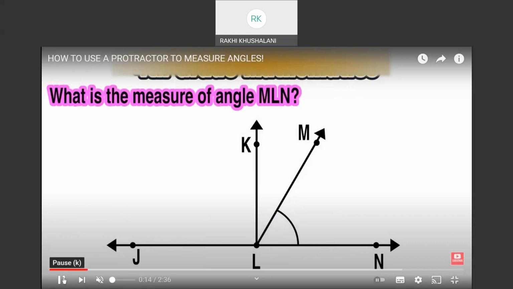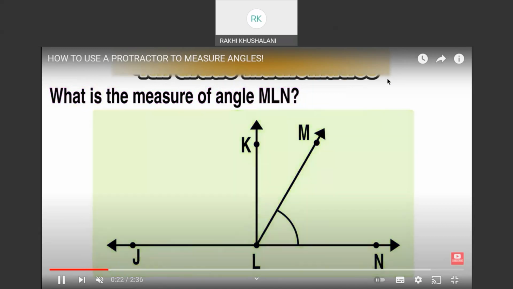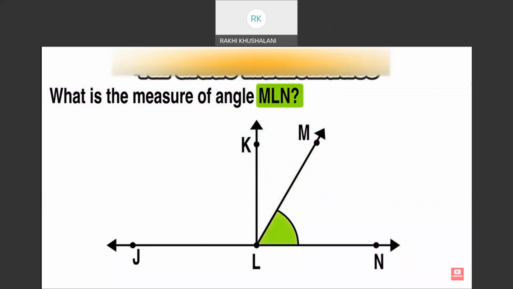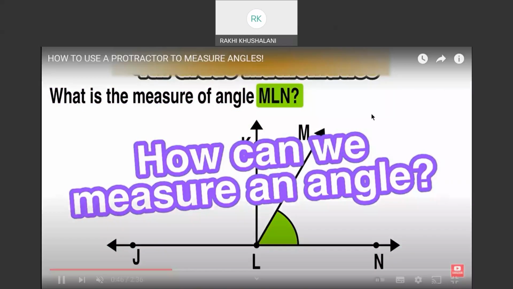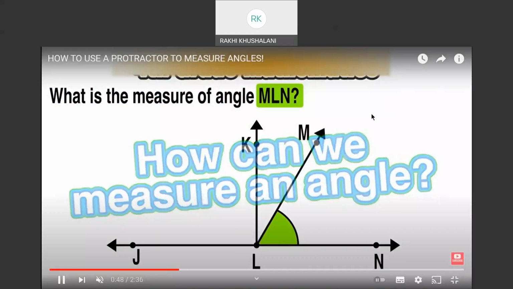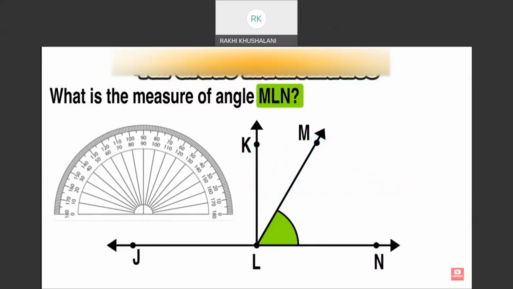The vertex here is L. So the center point of the protractor is going to be placed on L. We are measuring MLN, where L is the vertex, and the green portion is the angle that we have to measure. Again, I'm repeating. LN is the base. ML is the moving arm.